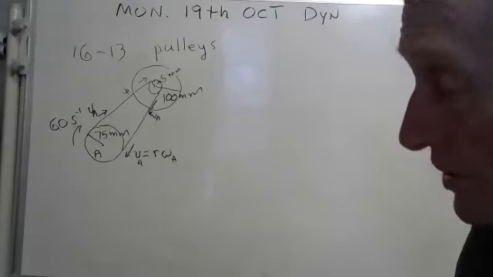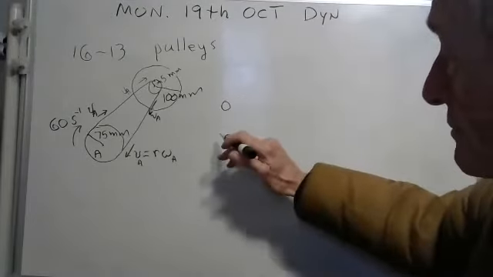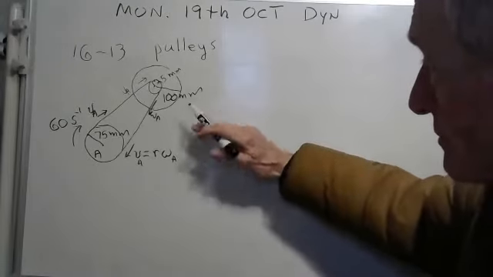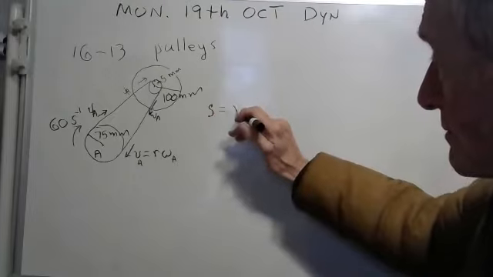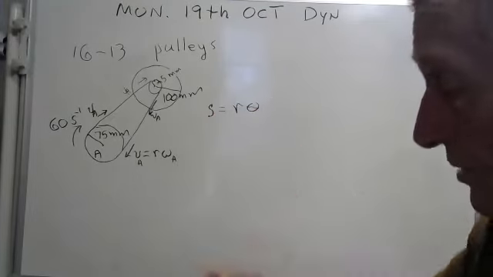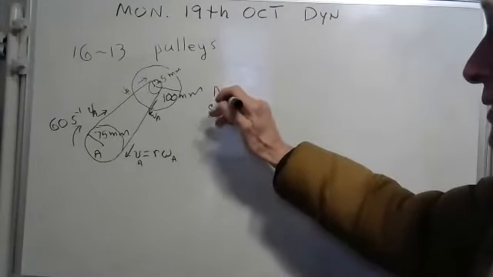Now that equation came from this equation here. This equation is called the arc length formula.